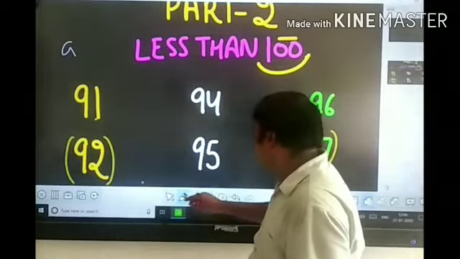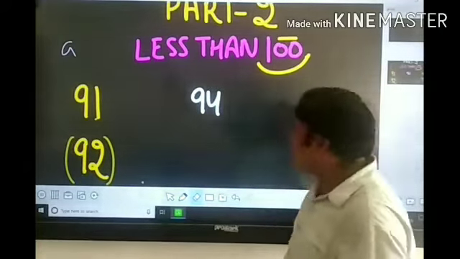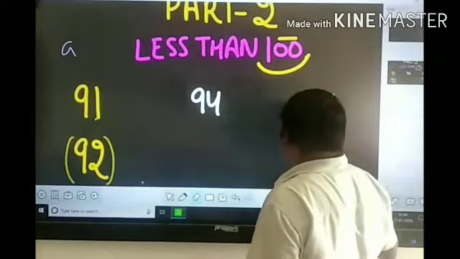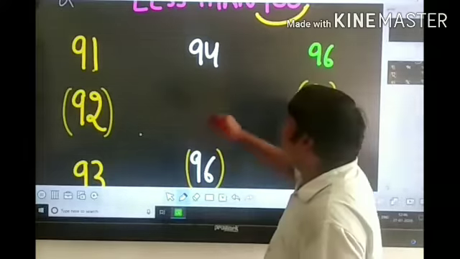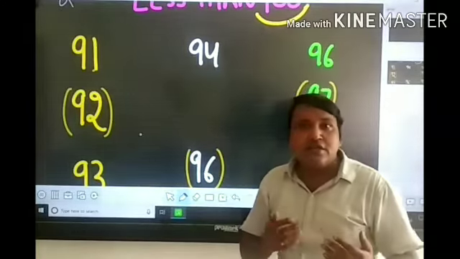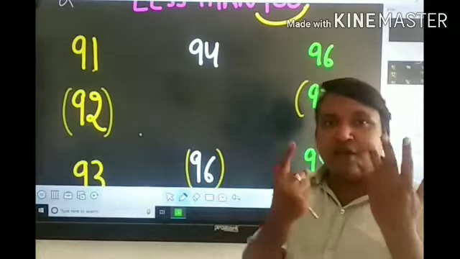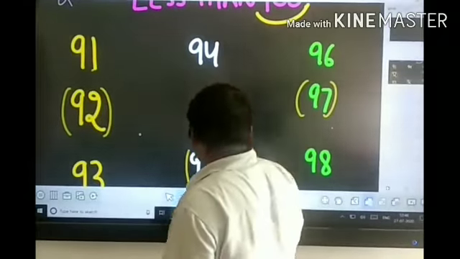To explain the method, I will apply this rule to all the numbers. Now, I consider the first number to be 94. You will see that 94 is 6 less than 100. Now, you will multiply this 6 with 6.